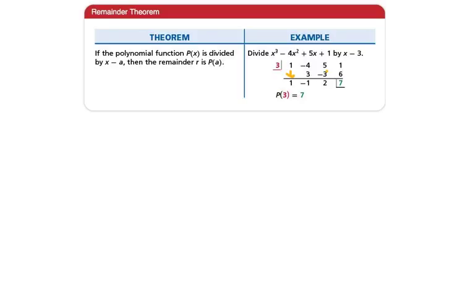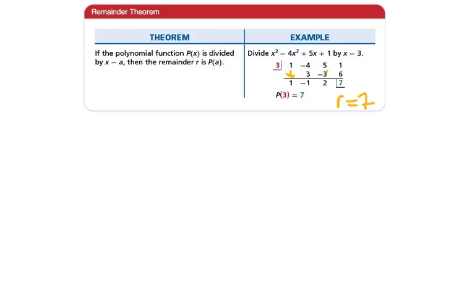So my remainder is 7. So it turns out that since it was 3 I was testing out, if I put 3 into this function, I will get 7. Okay?